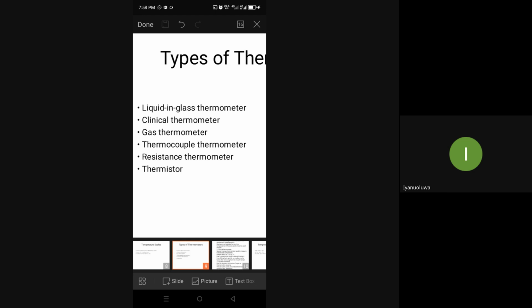When the temperature is increasing, the resistance will be increasing. So the device that measures the temperature itself is called the thermistor. Is that okay? Yes, sir. Thank you, sir.